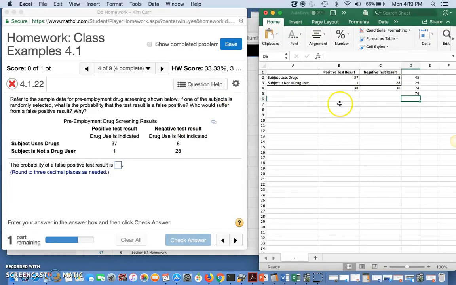Well, let's do the arithmetic right here. If I just do 1 divided by how many total? 74. What do I get? That gave me a date. So I can't just do arithmetic in here like I could some other places. If I want to just do arithmetic, I just need to do equals sum, open up, and just put the arithmetic in.